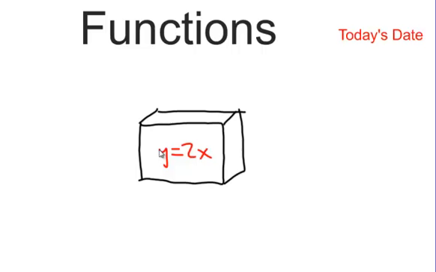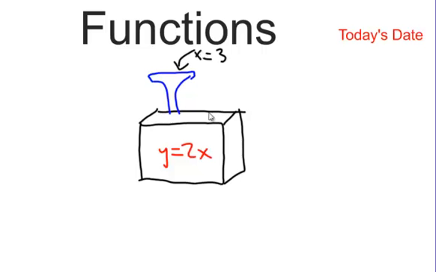Now, what you're going to do with that is you are going to funnel or input things in for x. So what you can do is put in, and I want you to actually draw this because it's a good analogy, numbers for x. So you're going to put in something like x equals 3.